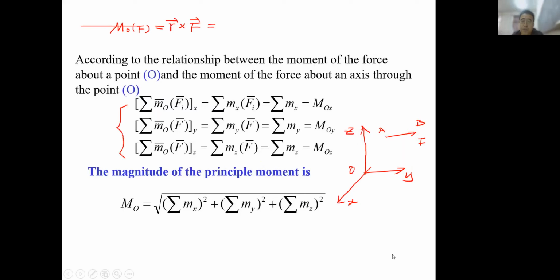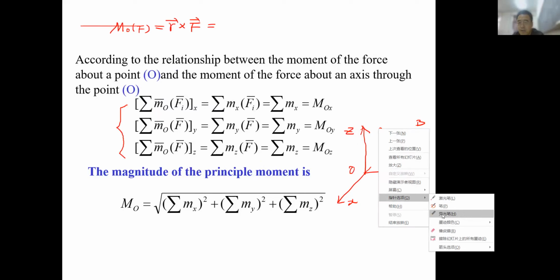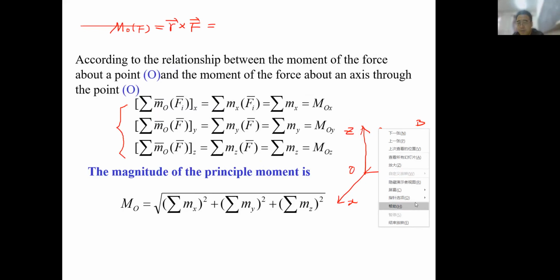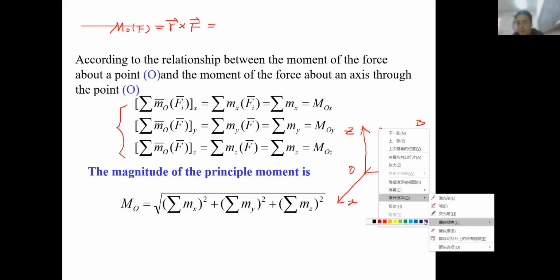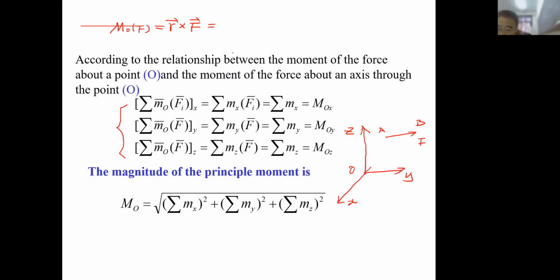So first we need to think about the action point of this force. Then we will have vector R. So the moment of force F about a point O will be this. We can write it once again as a determinant with i, j, k.